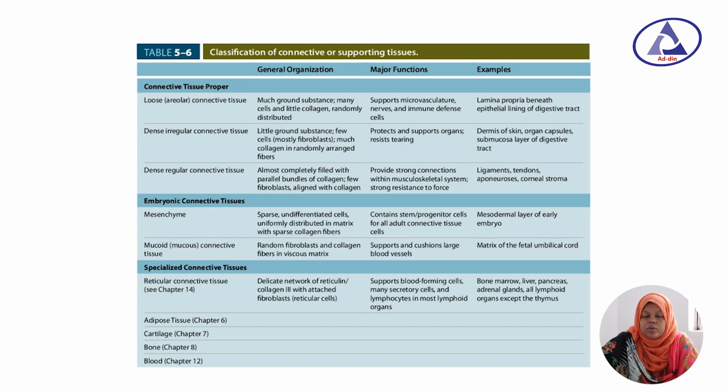The connective tissue proper includes loose connective tissue and dense connective tissue, dense regular and dense irregular connective tissue. In the next topics we will discuss the fibers and the glycosaminoglycans, or the ground substance present in the connective tissue, and details about the connective tissue classification.